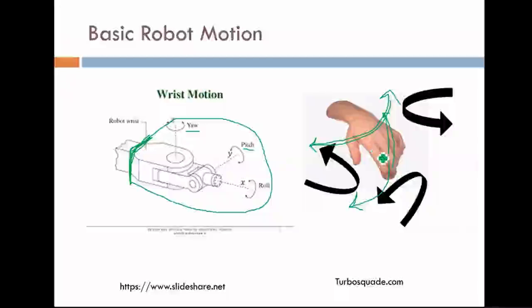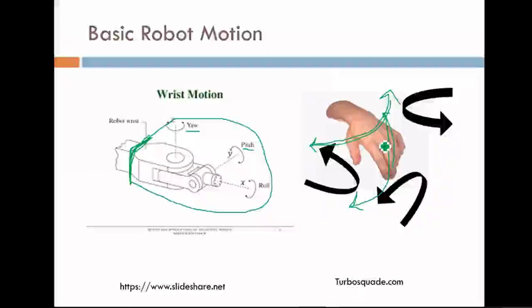Then the third motion is the roll motion. Roll motion occurs in our hand when we grip a ball or a pen and rotate the palm or fingers. It rotates about 30 to 40 degrees in the clockwise or anti-clockwise direction, not a full rotation, because there are some constraints in our hand.